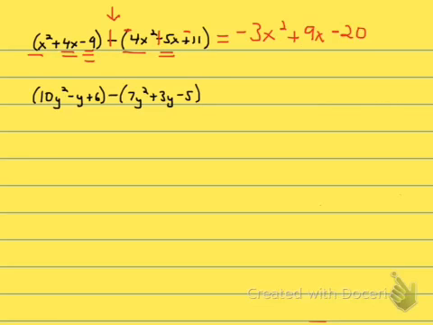Okay, let's do the same thing on this next one. You see minus in the middle, change that to plus, and then change the signs of everything behind it in the parentheses. Now walk it like you did. 10y squared and a negative 7y squared would give you 3y squared. Negative y and a negative 3y would give you negative 4y.